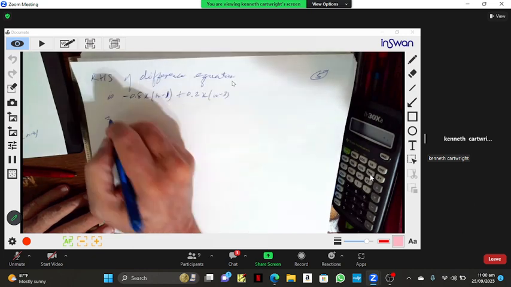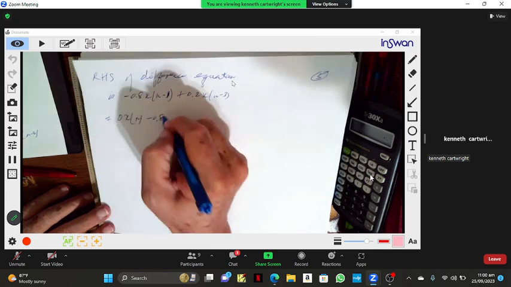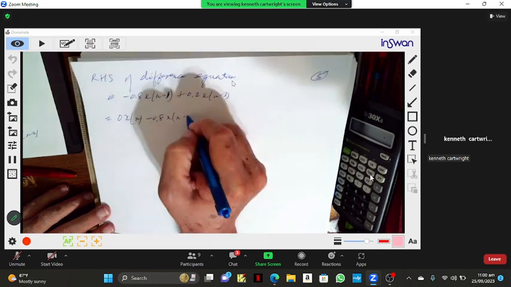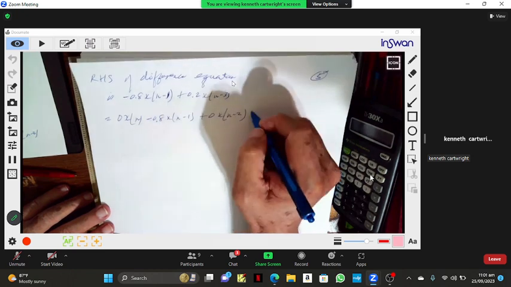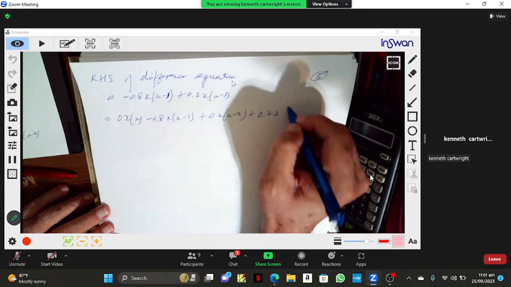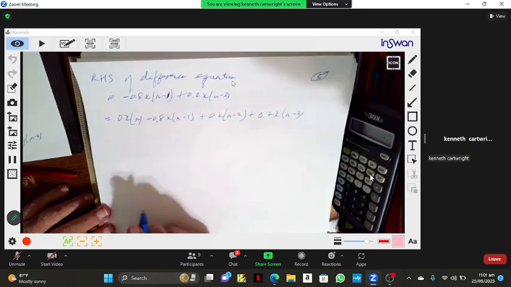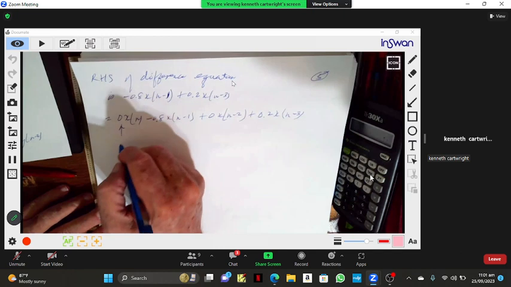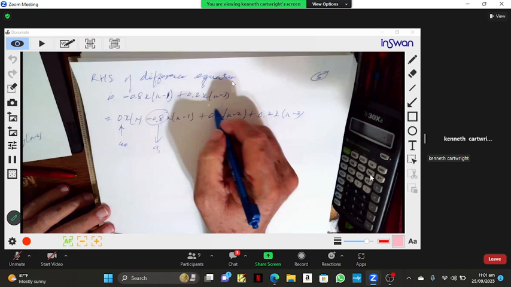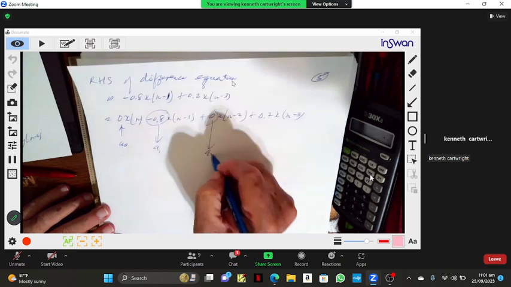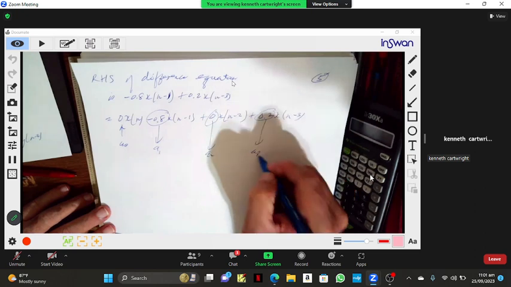That's equal to 0 times x of n, minus 0.8 x of n minus 1, plus 0 times x of n minus 2, plus 0.2 x of n minus 3. This is A0, that's A1, that's A2, and that's A3.